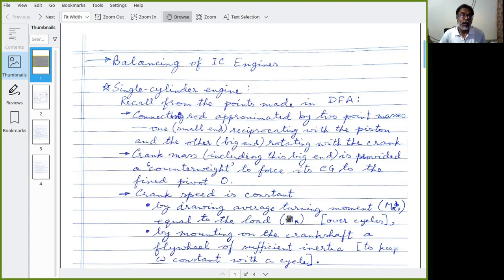And then the question of the variation of instantaneous speed within a cycle was sorted out by mounting on the crankshaft a flywheel of sufficient inertia to keep omega constant within a cycle.